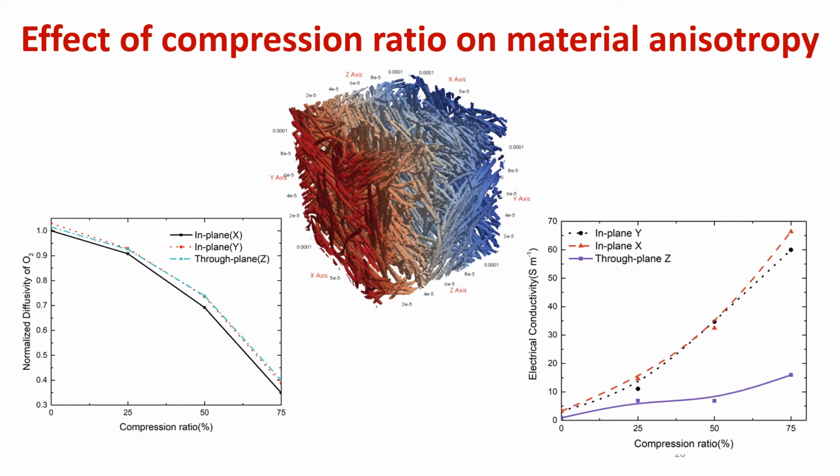There's not much difference in terms of diffusivity decrease when compression ratio is increased. But on the other hand, through-plane in the z direction there is not much increase, whereas in the in-plane direction you see a significant increase in electrical conductivity at high compression ratio.